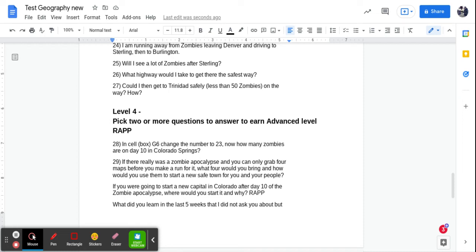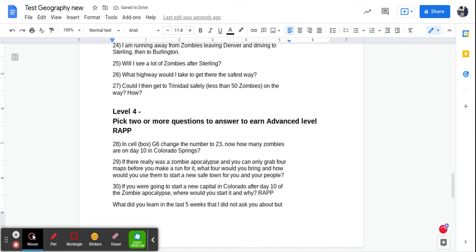So you are in the zombie apocalypse. You could only grab 4 maps to bring with you. Which 4 would be most useful to build a new town for you and your friends and family? Make sure you wrap your answer. Why are you picking those?